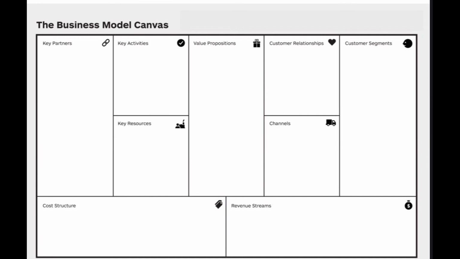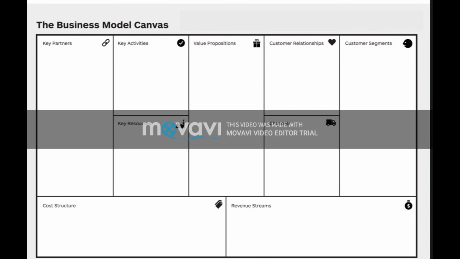The next one is talking about cost structure. What are the most important costs that you're going to be incurring when you're talking about your business model? Which resources happen to be the most important?